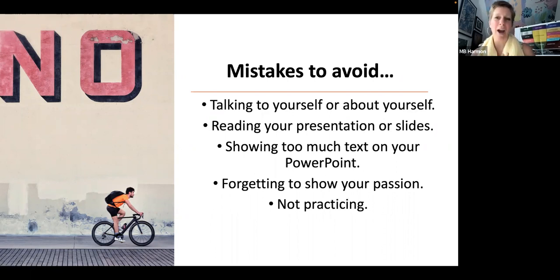Don't forget to practice. You need to practice, all right? If you've done it 100 times, you've given a similar presentation 100 times, maybe you're okay, all right? But if you haven't, then you need to remember to practice. You need to go back and check what's on your slides. Why are you saying this? What is your point?